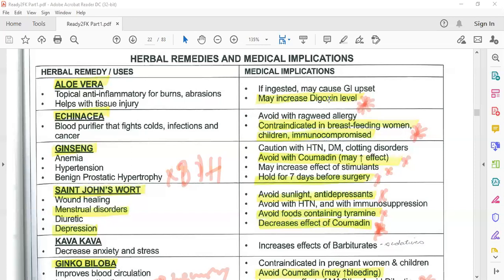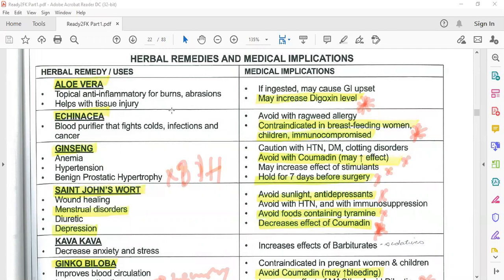Digoxin has a narrow therapeutic index, right? So if the digoxin level increases, it is not good for the patient because digoxin has some side effects. To avoid it, we check the digoxin blood level.